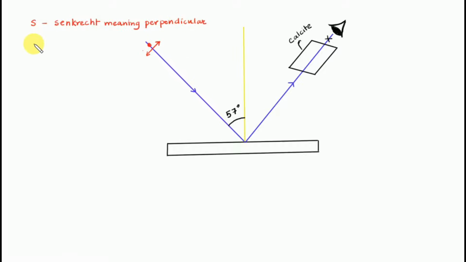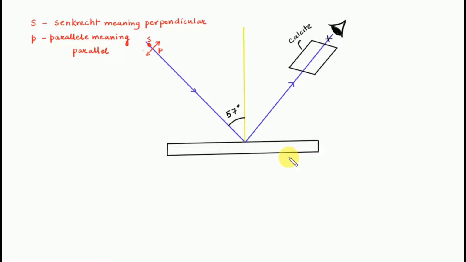It's a German word. This is our S polarization. The other one is P polarization, P stands for parallel, meaning parallel. So he proposed that natural light consists of two polarizations, S polarization and P polarization.